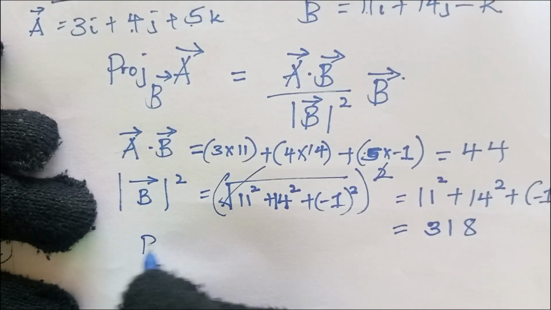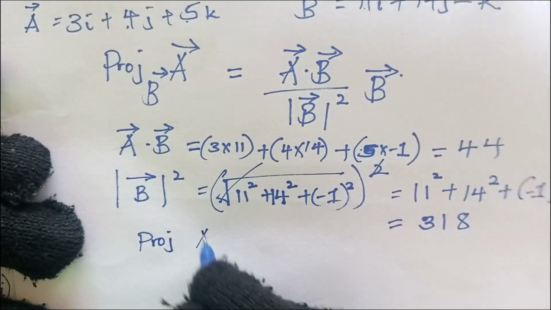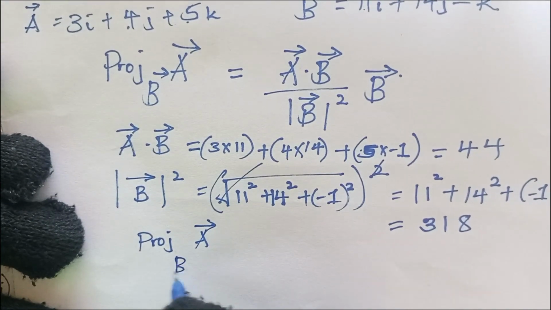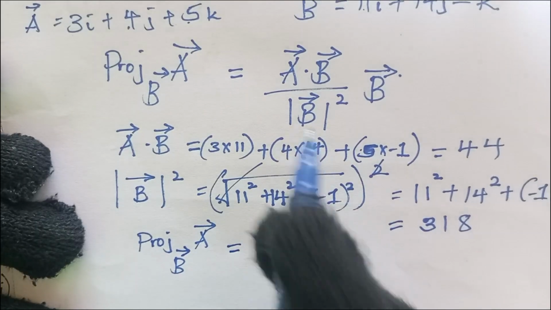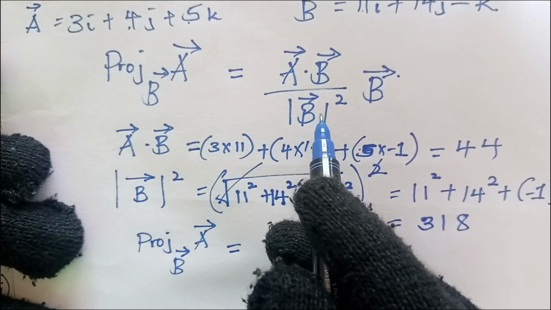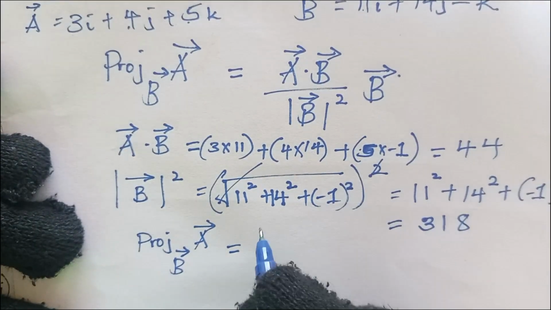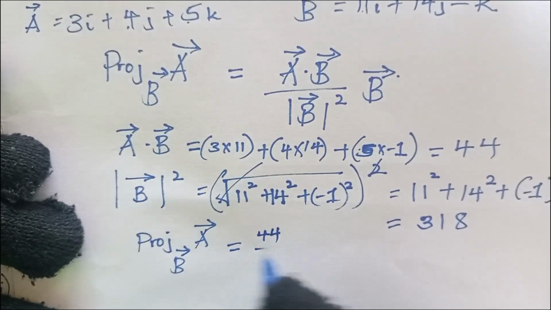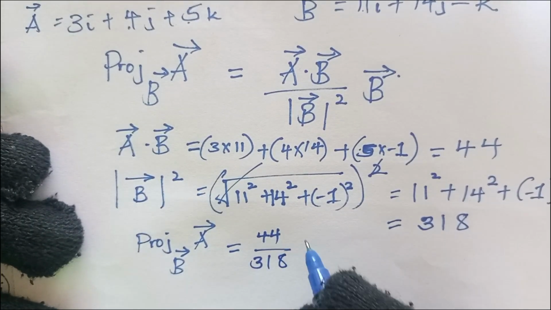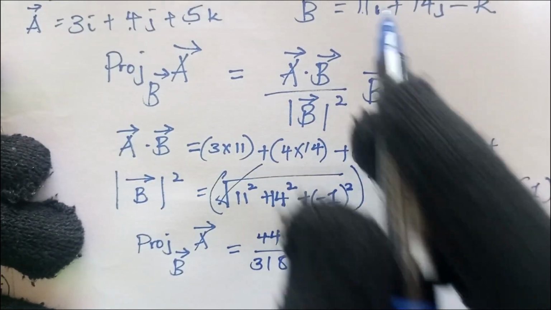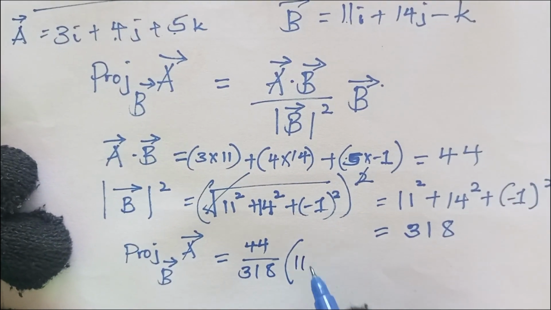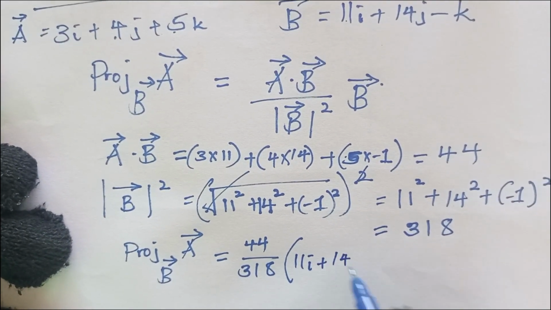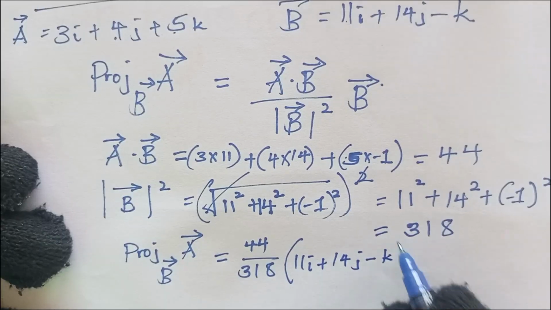So the projection of vector A onto vector B will be A dot B over the magnitude of B squared times B, which will be 44 over 318 times the vector B, which is 11i plus 14j minus k.